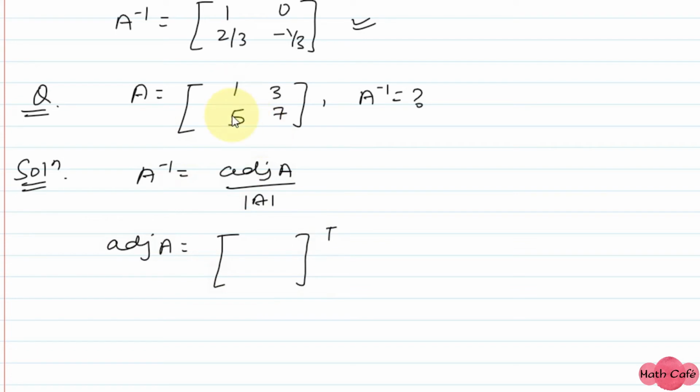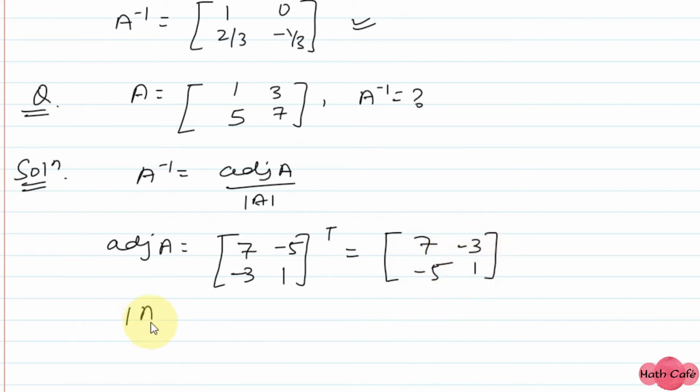Corresponding to 1, the cofactor is 7; corresponding to 3, the cofactor is -5; for 5 the cofactor is -3; and corresponding to 7, the cofactor is 1. Taking the transpose of this matrix, it becomes 7, -5, -3 and 1.